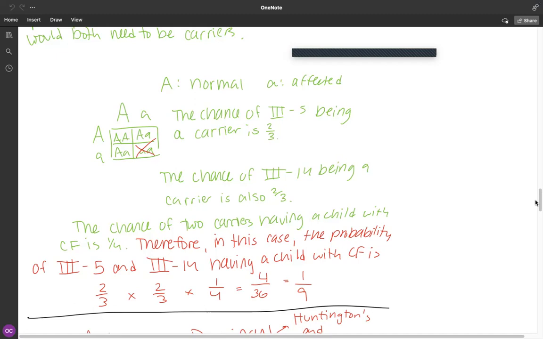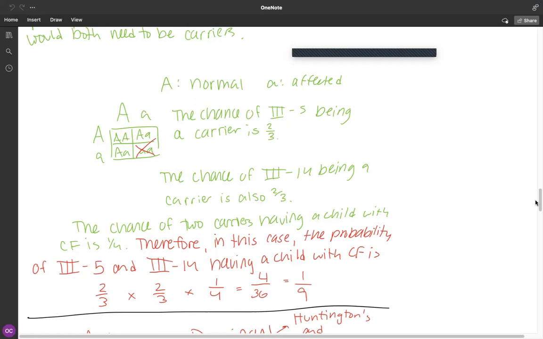And then we would cross these individuals, and it's the same Punnett square here, just without the affected square being crossed out. So the chance of having two carriers producing a child with cystic fibrosis is 1/4. Therefore, in this case, the probability of 3-5 and 3-14 having a child with cystic fibrosis is 2/3 times 2/3 times 1/4 equals 1/9.